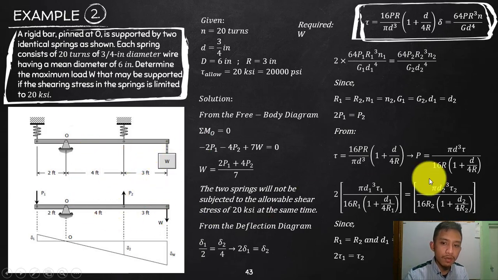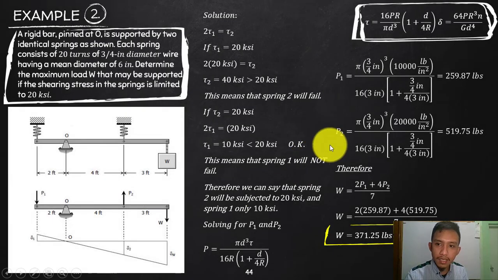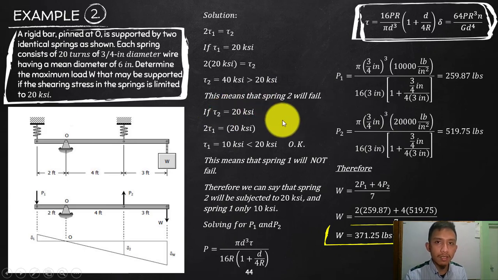But you might be confused later on if that will give you a negative P and then a negative tau. The negative only means opposite direction. If you're referring to negative tau, it means it is the opposite of what you assumed.